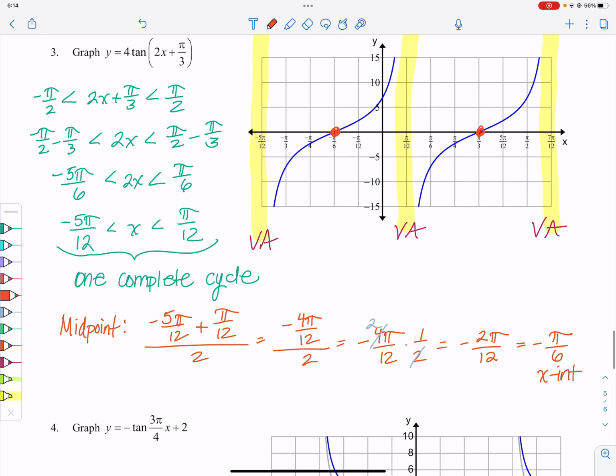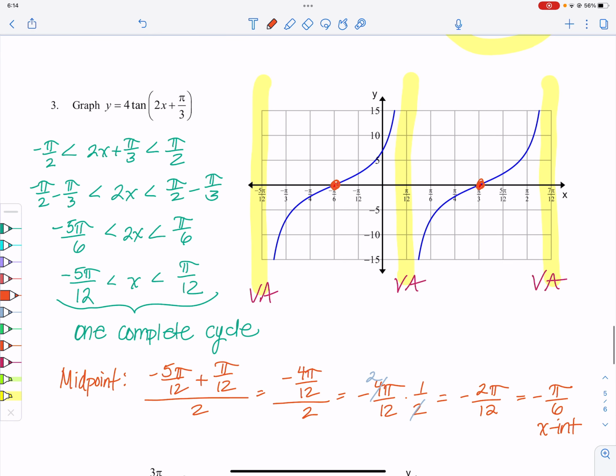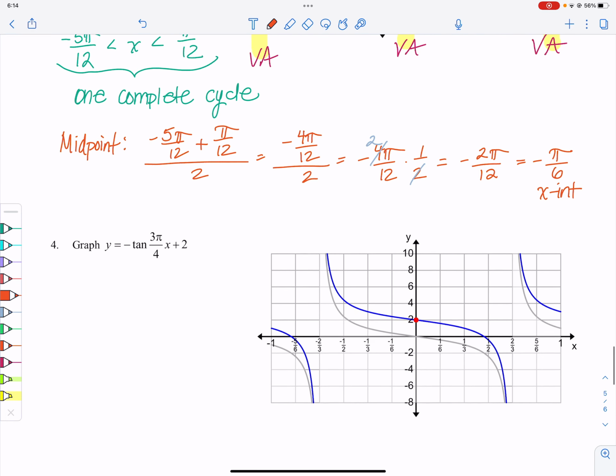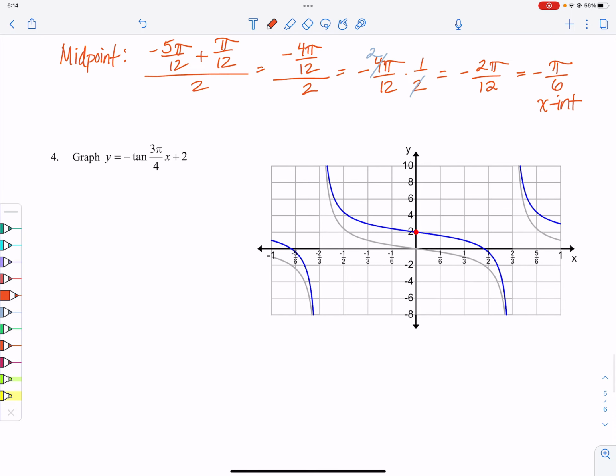Okay, and now in number 4, it is not the same graph, but we still have a tangent graph. And the very first thing you should notice is we have a reflection across the x-axis. So what we normally have for the tangent of x is now going to be looking like this.